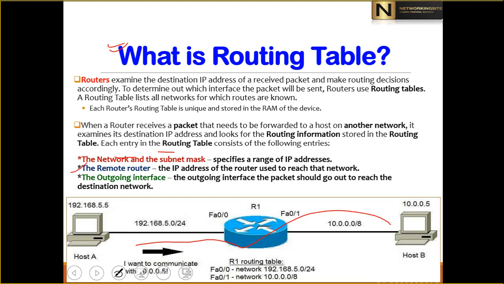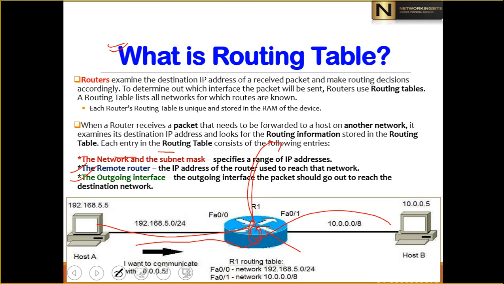Then if you are getting some network via any neighbor, that neighbor router information will be there. Then to reach that destination network you will have the information of the outgoing interface. Means if you have maybe multiple interfaces, and this PC wants to reach some specific network, this router will forward that packet via which interface.